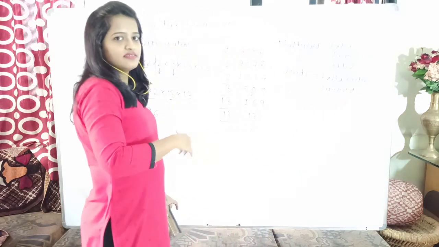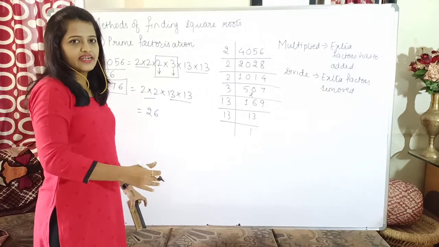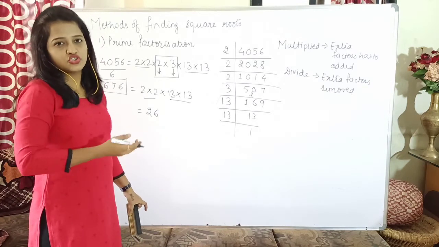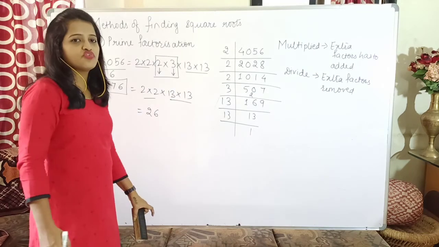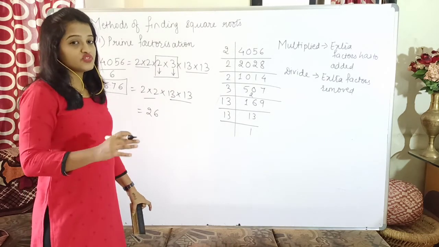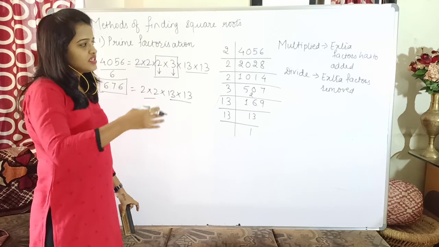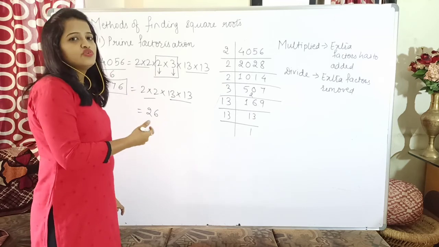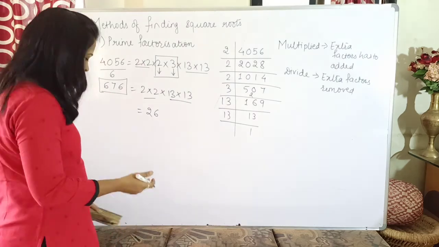In multiplication, the factors get added, as you join that many factors in the multiplication. And when they ask for division, whatever factors don't have a pair, those are the extra factors, and you have to remove them. So how do you remove them? You multiply them and you divide the given number by them. So this is the first method.